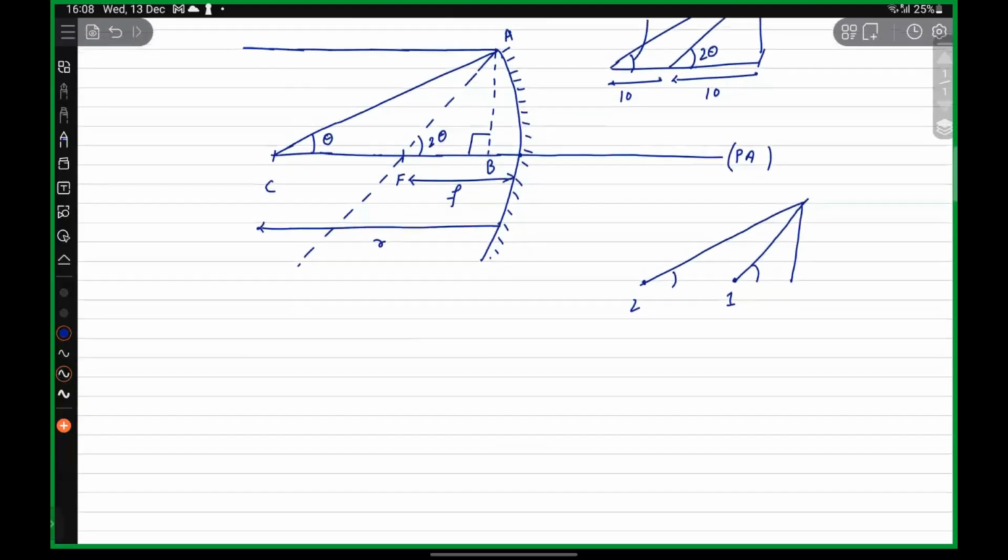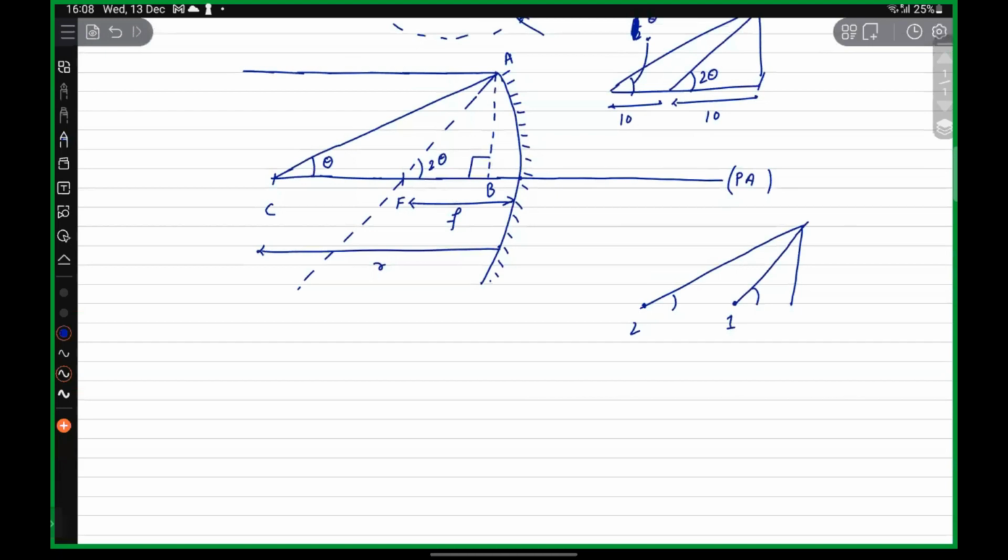So now if I take a right angle triangle AFB and apply tan 2 theta, what will I get? I'm taking triangle AFB and I'm doing tan 2 theta. So tan is perpendicular by base.